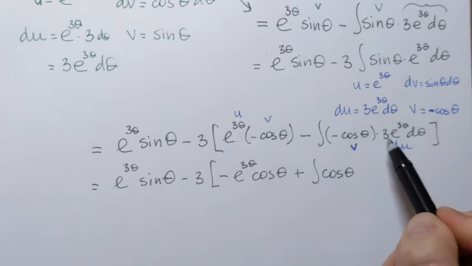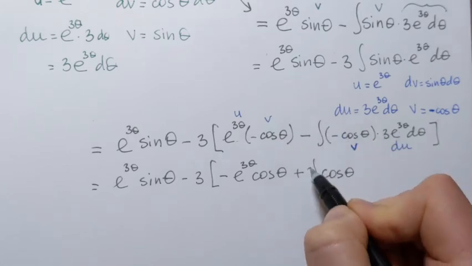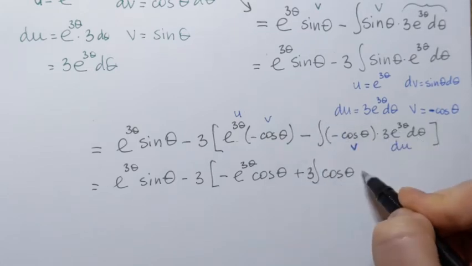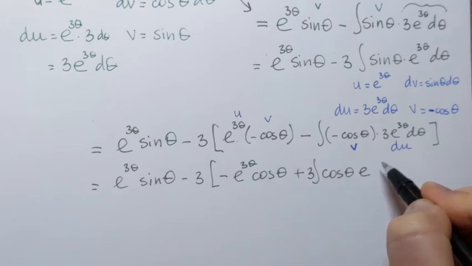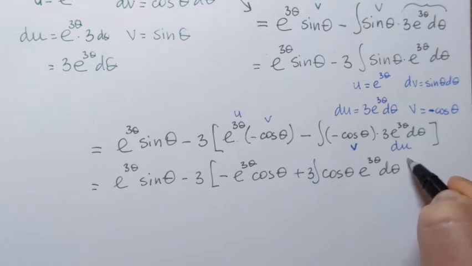Oh, and then I also have that constant 3, right? So I'm also going to put that in front: 3 cosine theta e to the power 3 theta d theta. Like that.